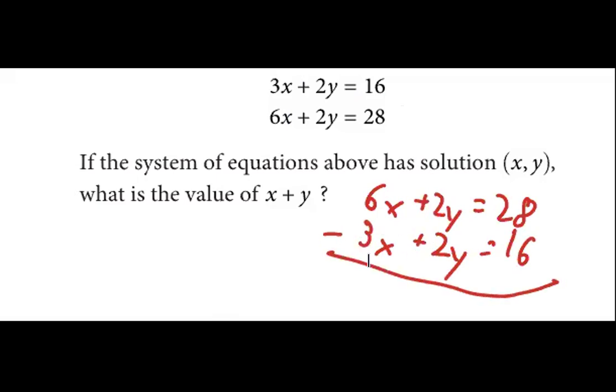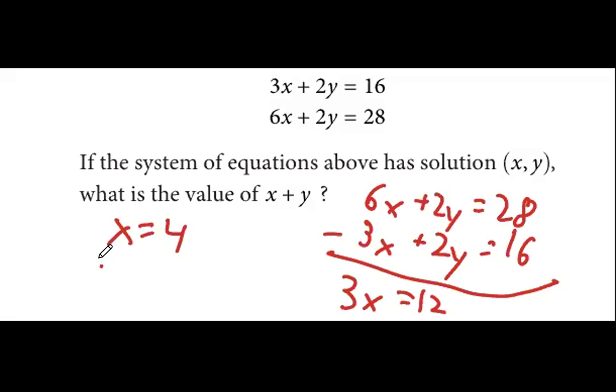So in this case, 6x minus 3x gives us 3x. 2y minus 2y is 0y, and 28 minus 16 is 12, so 3x equals 12. That gives us, if we divide both sides by 3, x is equal to 4. And then we can plug in to find y.